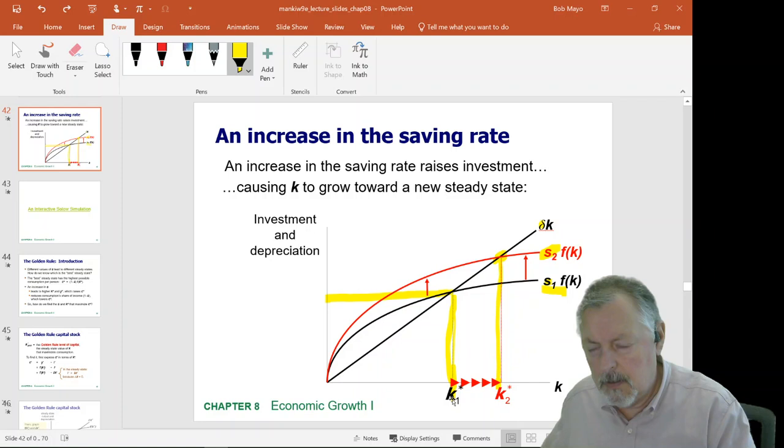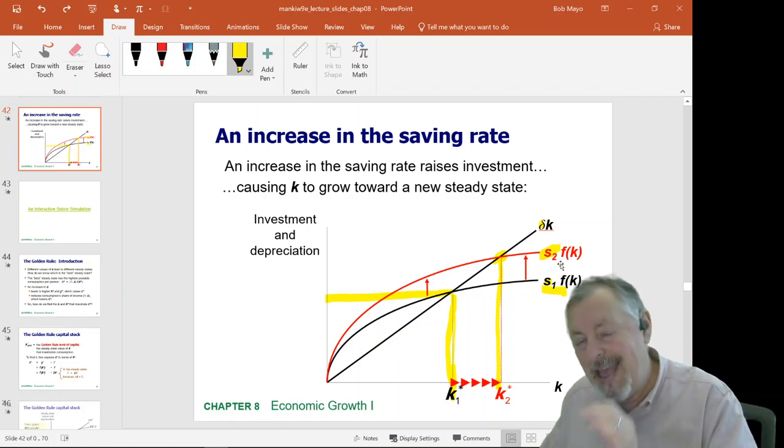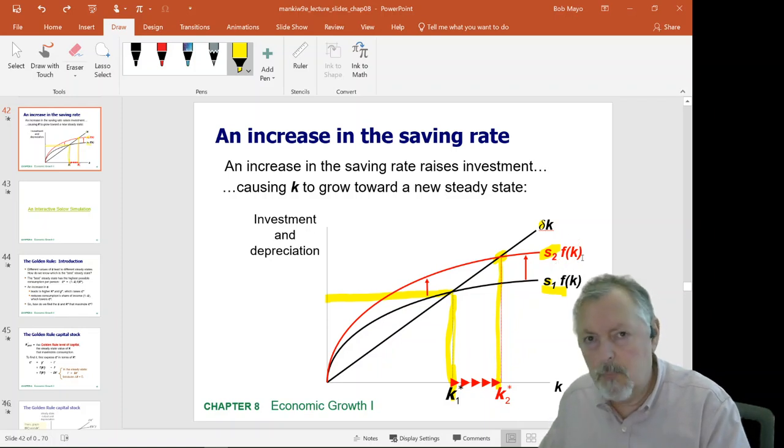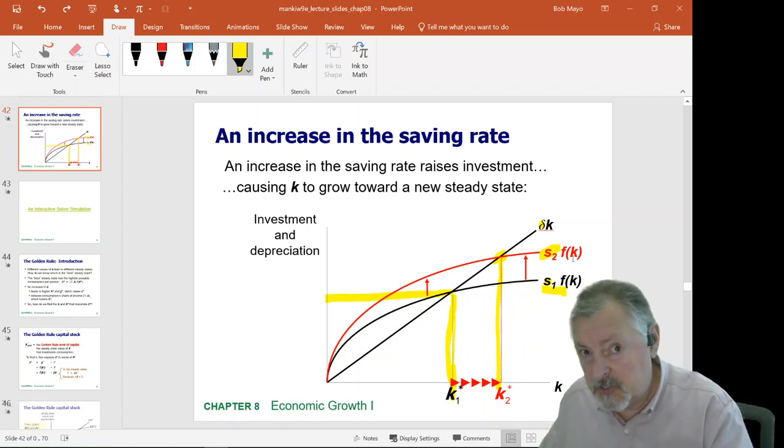This is the amount of capital that you'll end up at. This is the amount of savings and investment each time period you'll end up at, and it'll stay there forever. But remember, this is not f of k. This is s times f of k. F of k is output. S times f of k is a fraction of that output that's being saved to produce new capital.